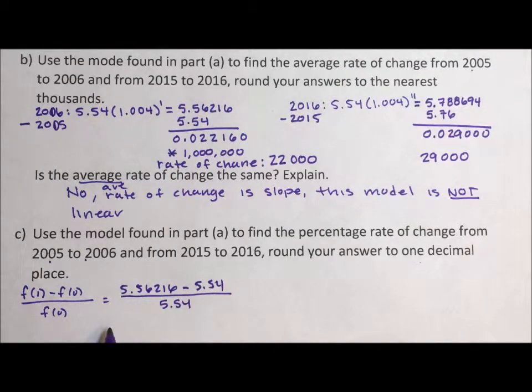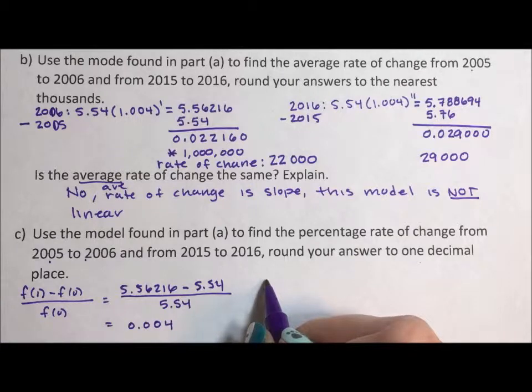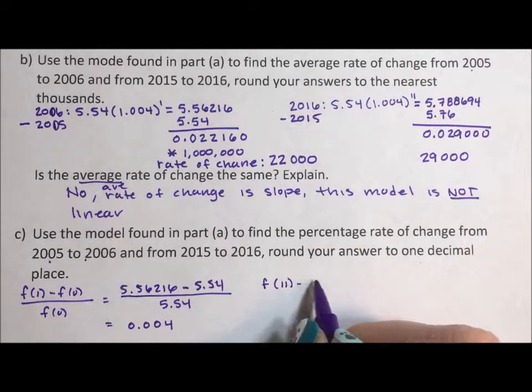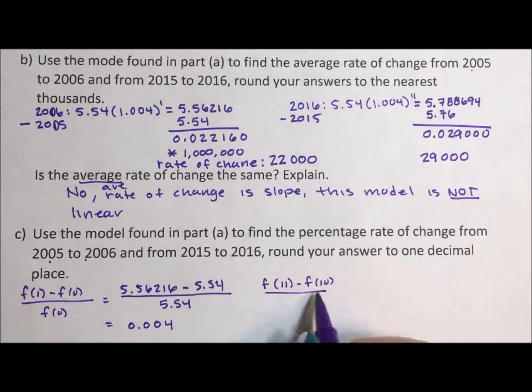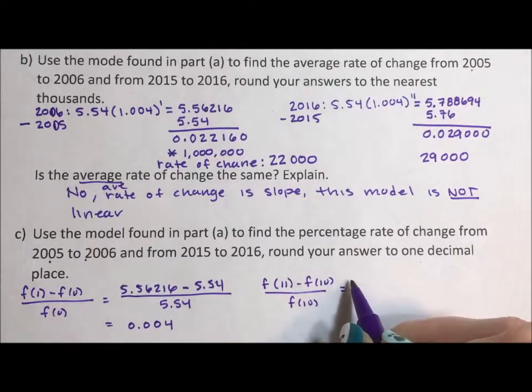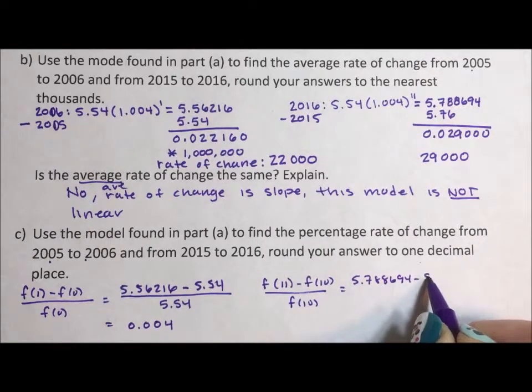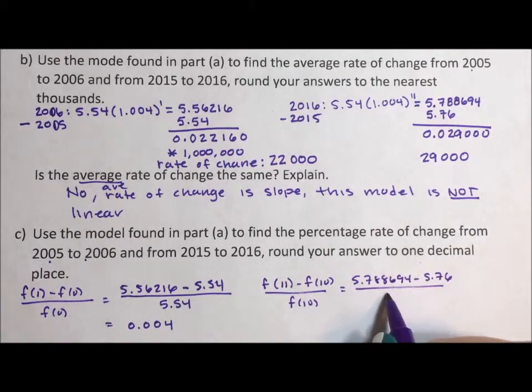And if we calculate this out, we get 0.004. For 2015 to 2016, we do f of 11 minus f of 10 divided by f of 10. So f of 11 is going to be 5.788694 minus 5.76 divided by 5.76.